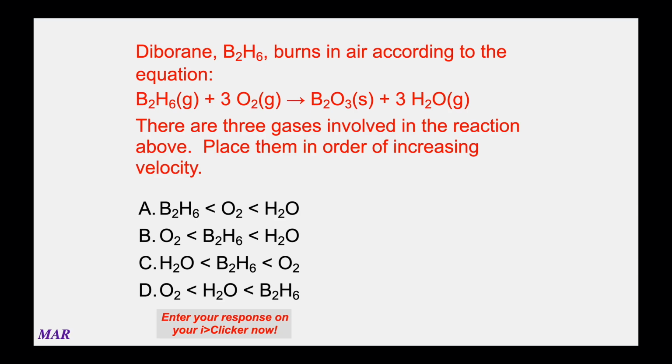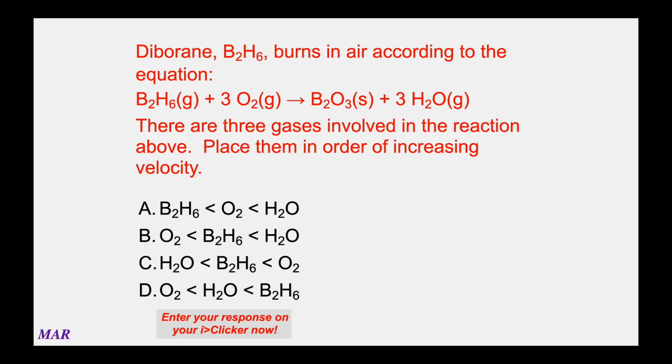So for this problem, what you want to do is put the B2H6, O2, and water in terms of molar mass. Water is about 18 grams per mole when you figure out its molar mass. O2 is about 32 grams per mole.